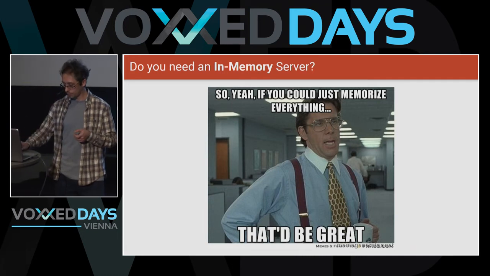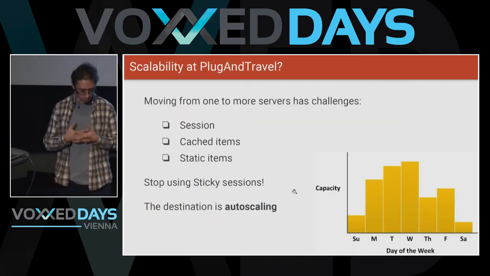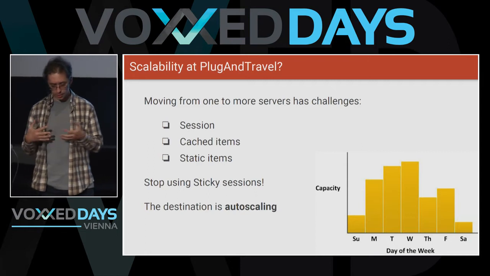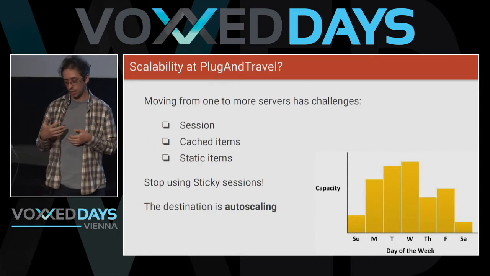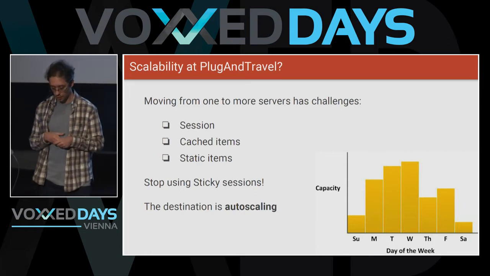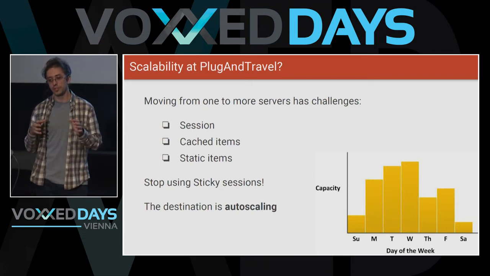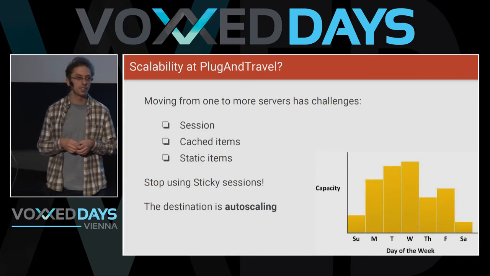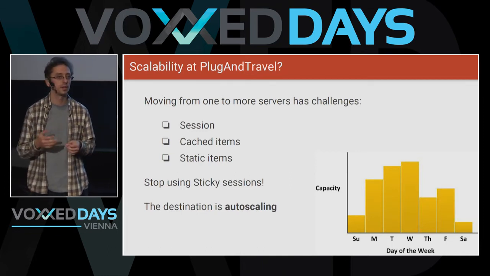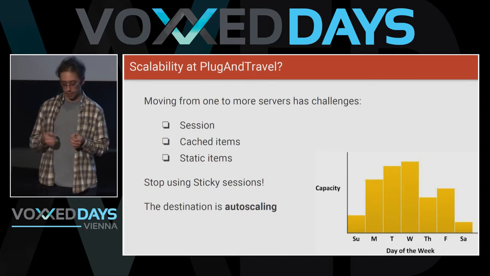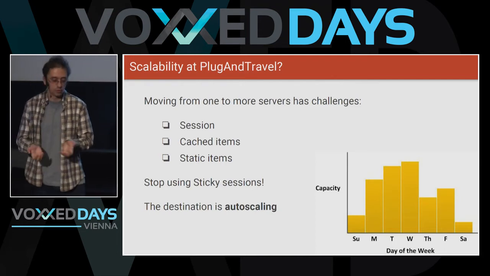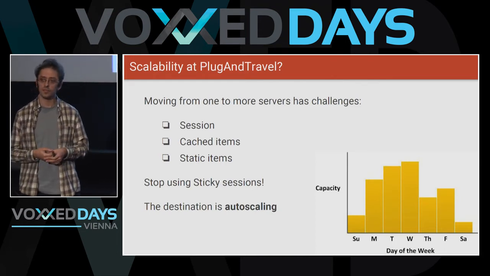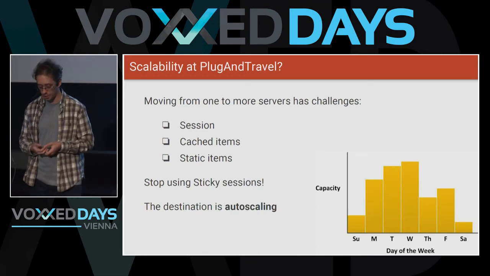So this is how we started at PlugAndTravel, thinking about some in-memory solution. You first build a small application and put it on a server. You don't care about things like performance and scalability, it works. But then if the business is doing great, which of course is a good thing, now you need to scale your application.